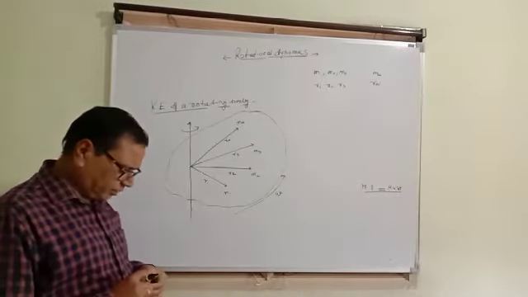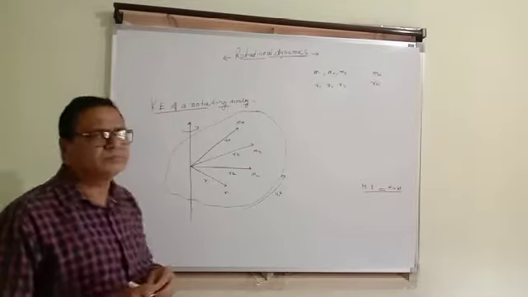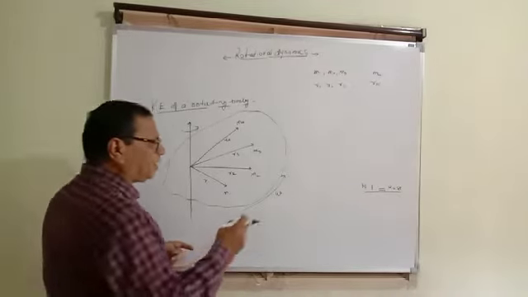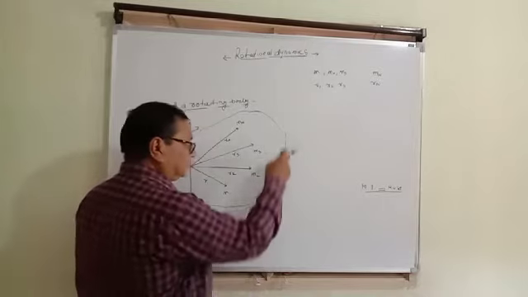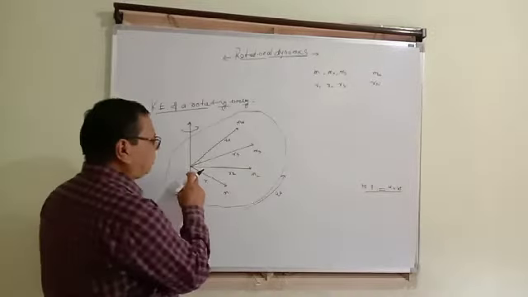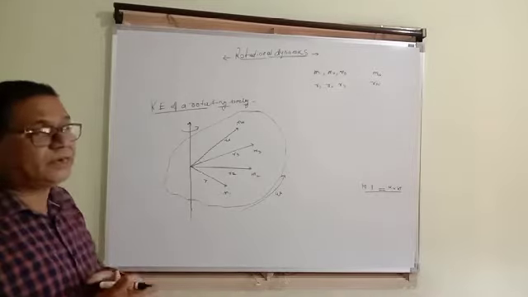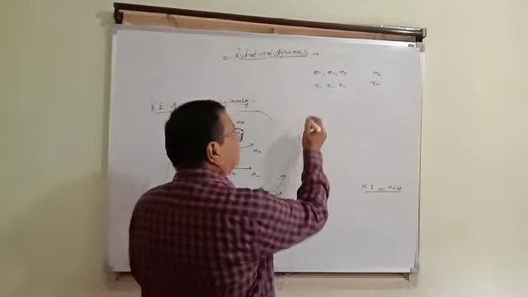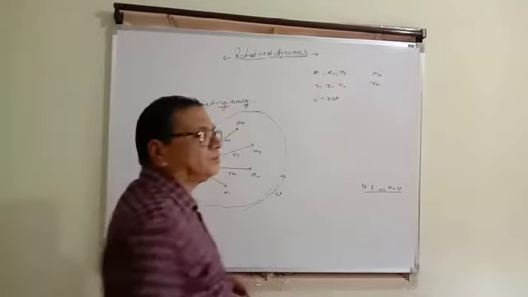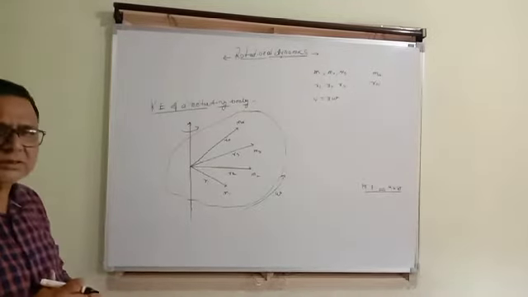Now the physics part, the important part. Once the physics part comes, the derivation comes automatically. What is the physics here? Every particle rotates with the same angular velocity. But the distance between the position of the particle and the axis of rotation is different. Hence, their linear velocities will be different. As we know, v is equal to r omega. As r is changing, their linear velocities change.